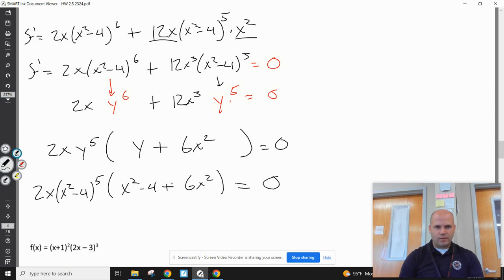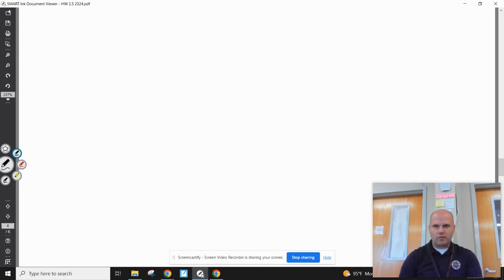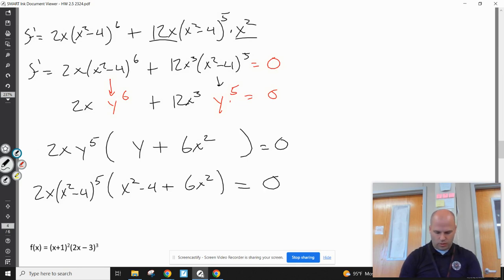After doing a little bit of simplification inside here, I took the y, re-replaced it with x squared minus 4, x squared minus 4 plus 6x squared is 7x squared minus 4.